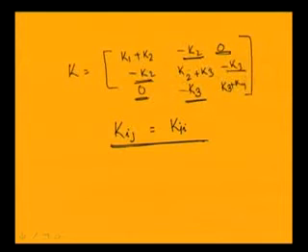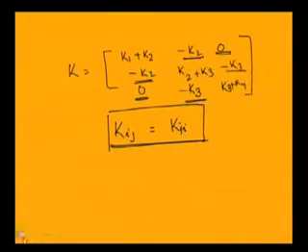So, Kij equal to Kji. From the definition of the stiffness influence coefficient, you can determine all the elements of the stiffness matrix in this way.